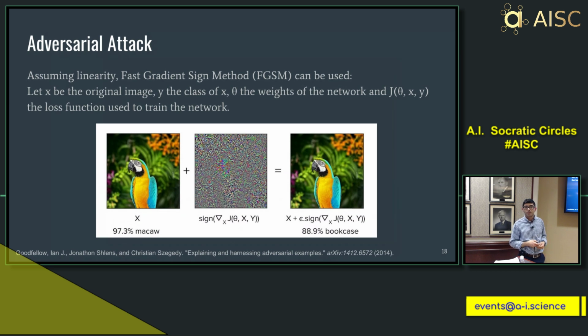What if you were to change your method of choosing the label? Like, if I'm going to tell the difference between a macaw and a bookcase, and I choose the label macaw, my neural network must be 10% more confident that it's a macaw than any other label. What if I put a confidence bound there? Because this little change implies that when I take the argmax of my final labels, two of the labels are really very close.